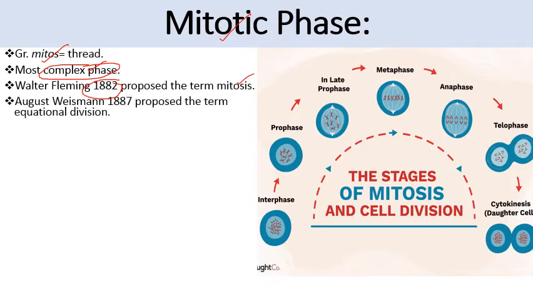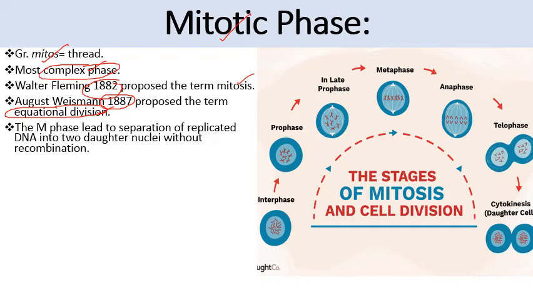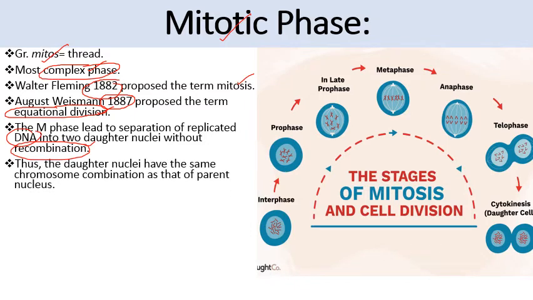August Weismann in 1887 used the term equational division for mitosis because here the chromosome number remains the same in the parent cell as well as in the daughter cells. The M phase leads to separation of replicated DNA into two daughter nuclei without recombination. The daughter nuclei have the same chromosome combination as that of the parent nuclei.